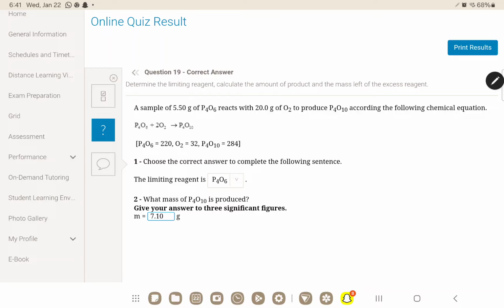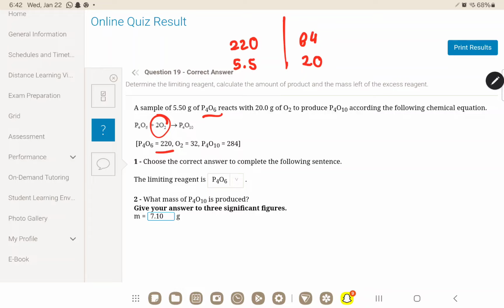They're asking us about a limiting reagent and excess reagent. So we have a sample of 5.5 grams of P4O6 reacting with 20 grams of O2. So you have 5.5 grams reacting with P4O6, which is 220 grams. And then you have 20 grams reacting with O2, which is 2 times 32, 64.